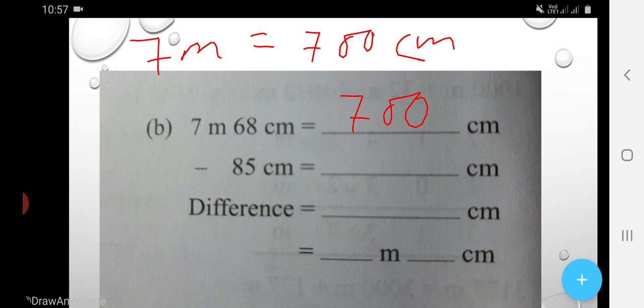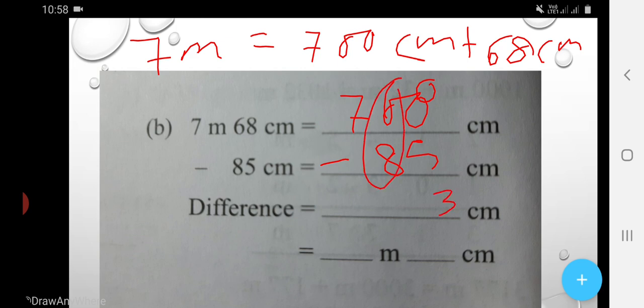Then I add 68 centimeter, so the result becomes 768 centimeter, and I have to subtract 85 centimeter. So what is the result? 8 minus 5 is equal to 3. Now 6 minus 8 is not possible, so I borrow 1. This becomes 16 and 7 becomes 6. So 16 minus 8 is equal to 8.